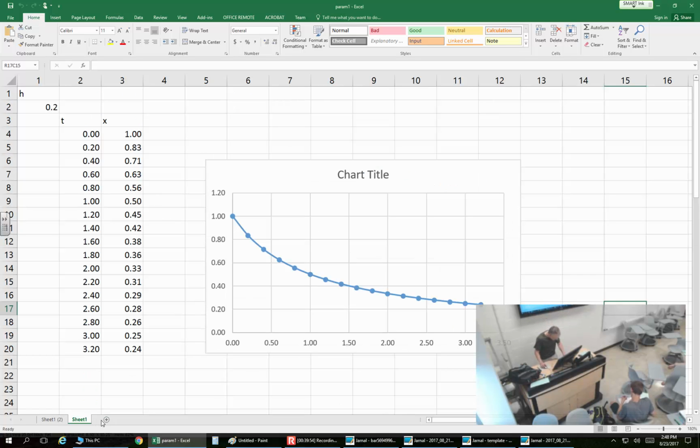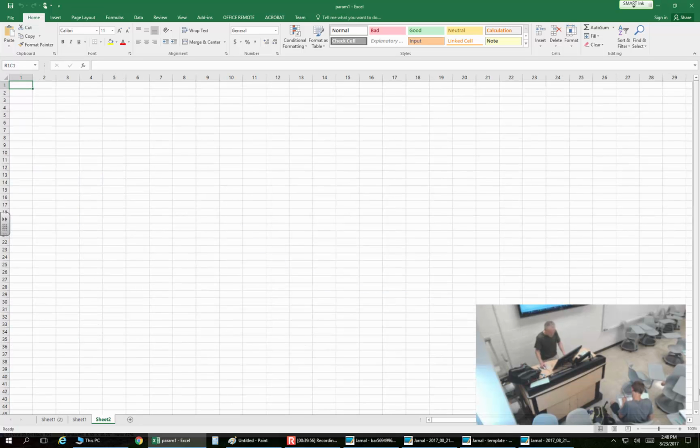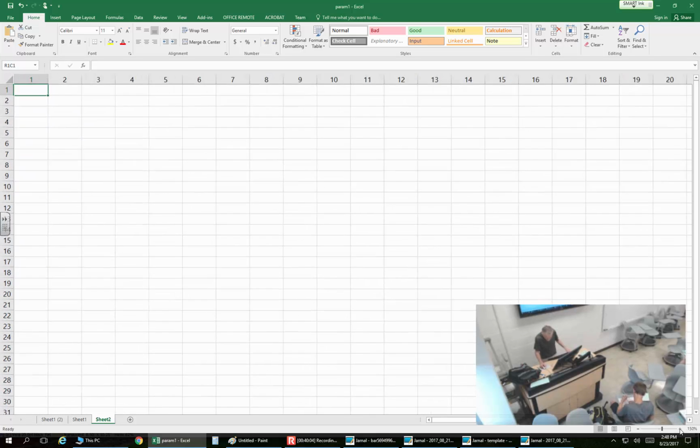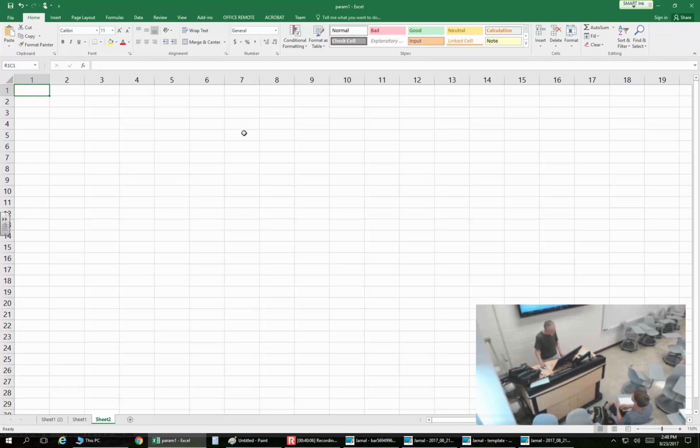So let me get started with this. Okay, so I'll start with h once again, say 0.1. Here I will start with y slash x, indicating that to the right I will have a bunch of x's, and down I'll have a bunch of y's.